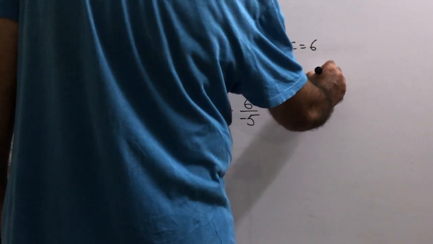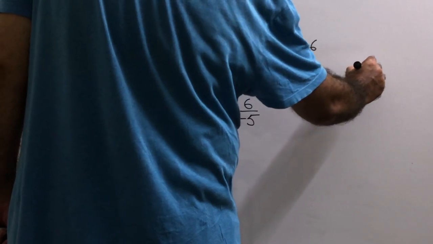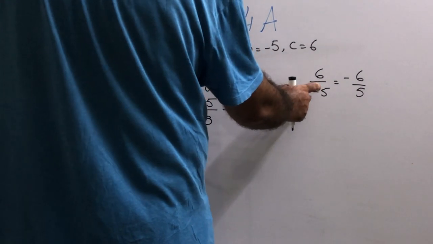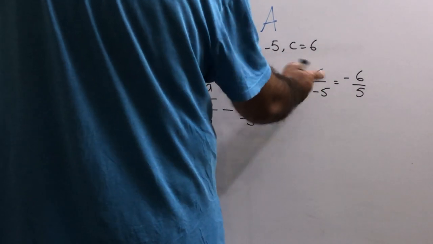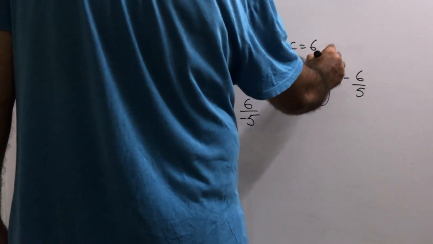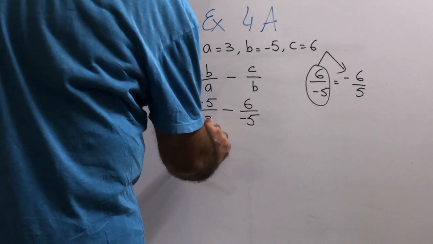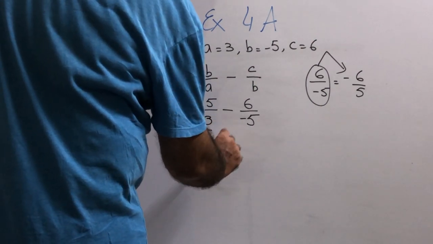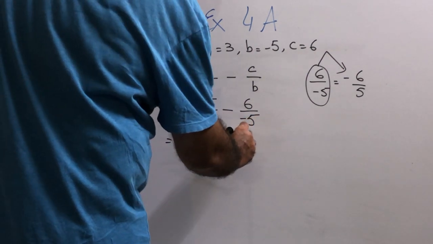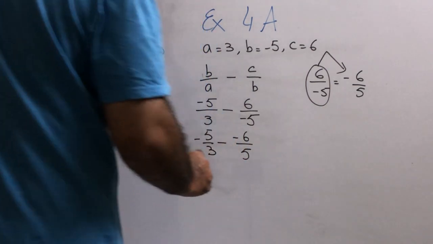Remember that 6 over minus 5 and minus 6 over 5 are the same. We can place this symbol here or here, it is the same thing. So we can write this like this: minus 5 over 3 minus 6 over minus 5, this minus sign will be placed with 6 over 5.